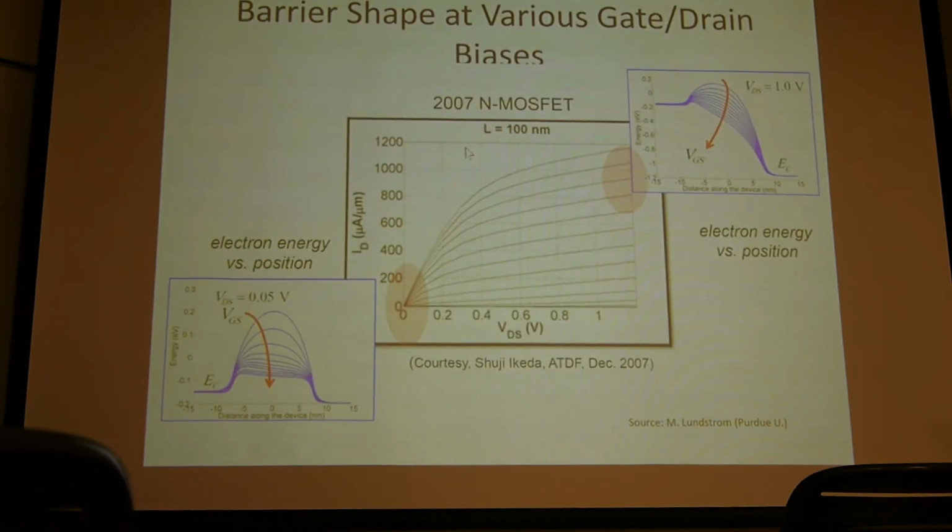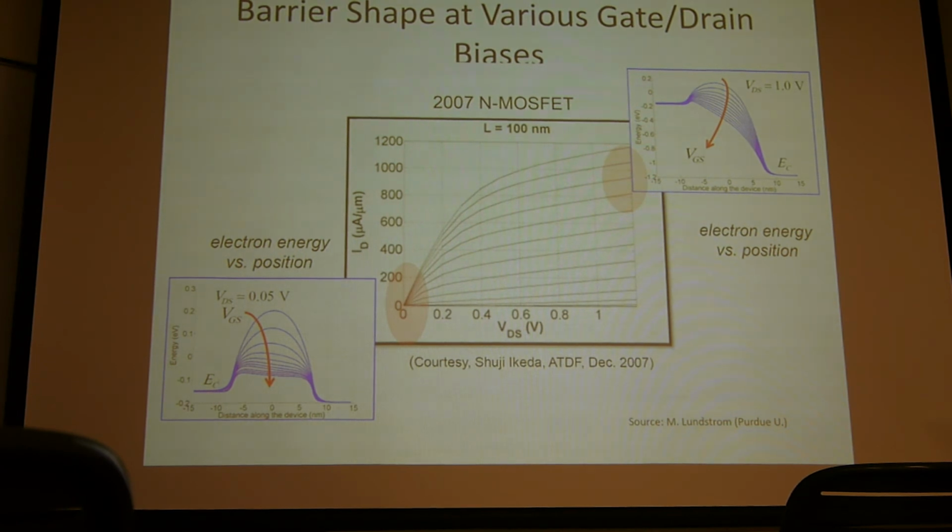And if you look at the real ID-VD curve of a measured MOSFET transistor in 2007, in this case, the channel length is like 100 nanometer, which is not that long. So it's kind of short, because the IV equation we derived in the previous slides works well only for micrometer scale devices.